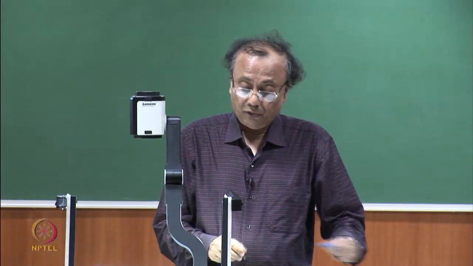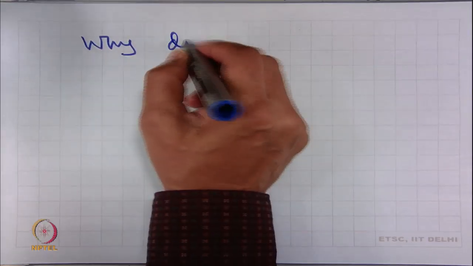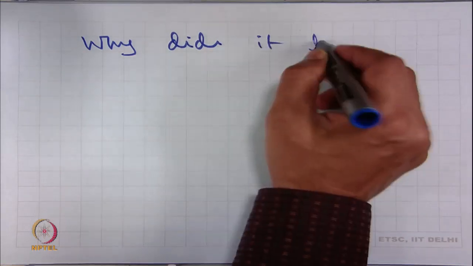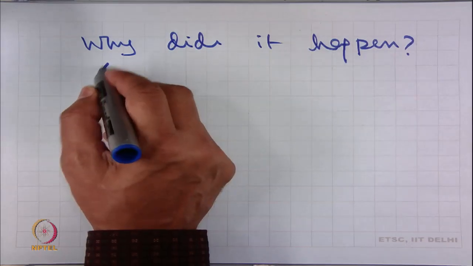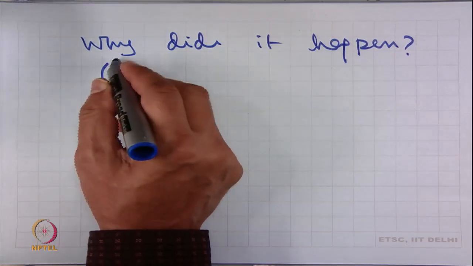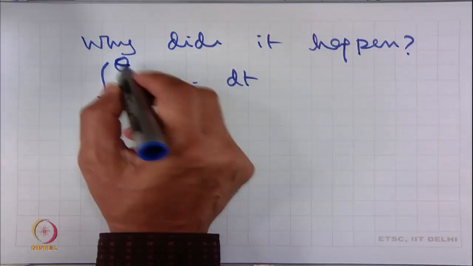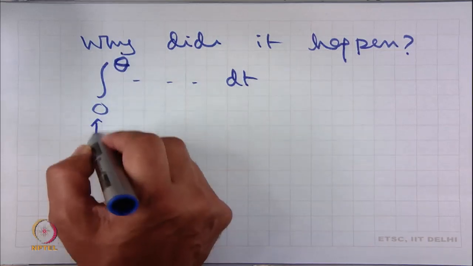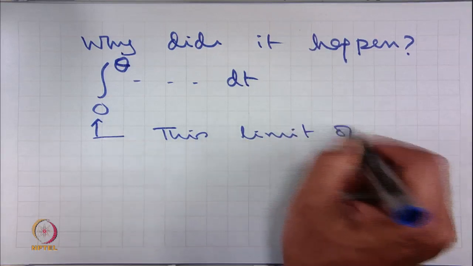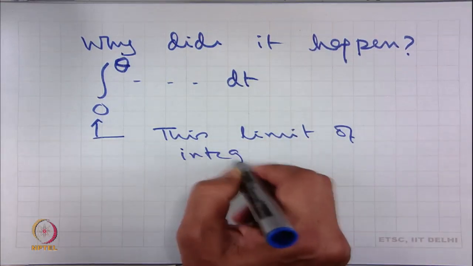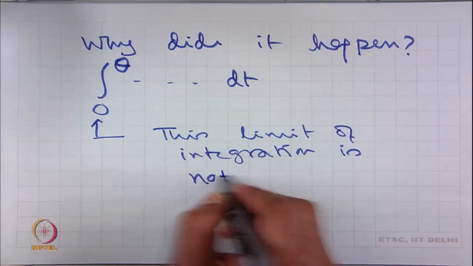The question is, why did it happen? It happens because the range of integration while computing the variance is 0 to θ, that we have done, and this limit of integration is not independent of θ.